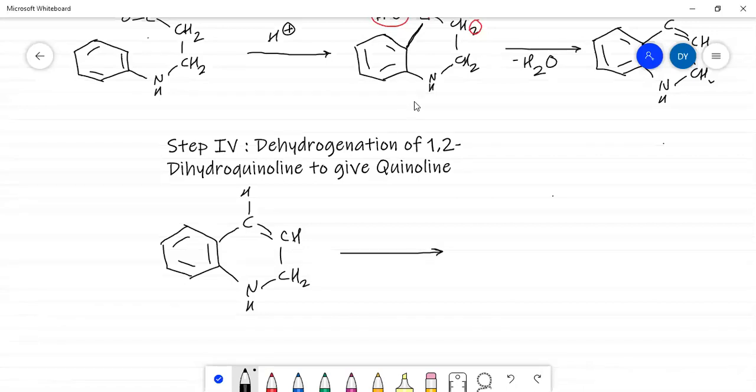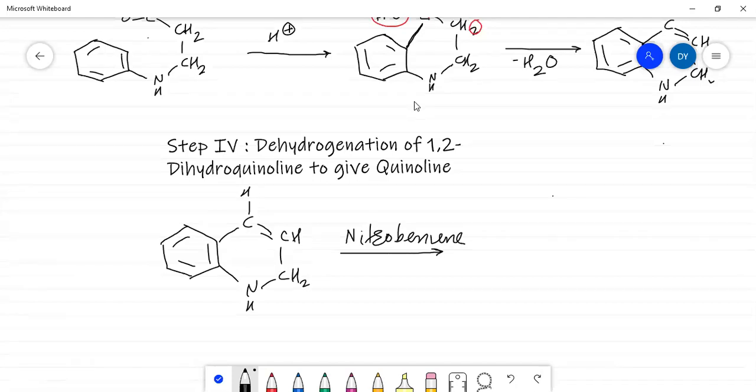So this step is called dehydrogenation. Dehydrogenation means removal of hydrogen, and removal of hydrogen is called oxidation. So this reaction is nothing but an oxidation reaction where hydrogen atoms are removed. So how are hydrogen atoms removed, or what is used as the oxidizing agent? In this case, nitrobenzene is used as the oxidizing agent.